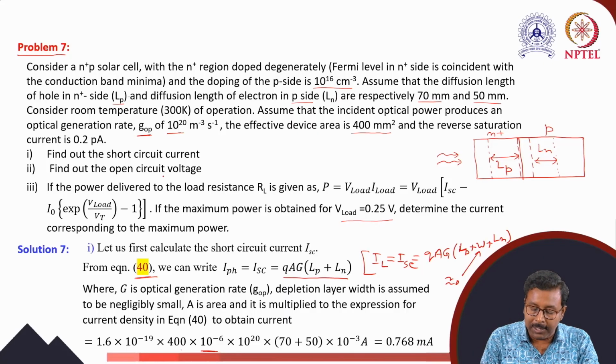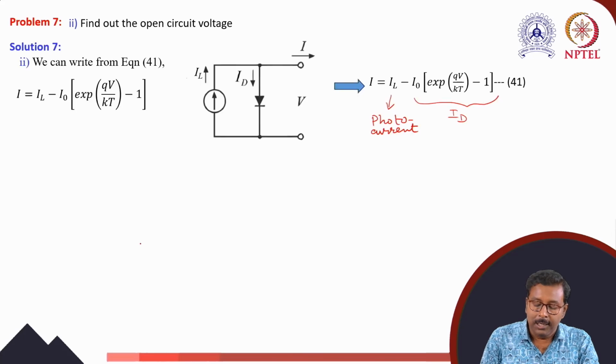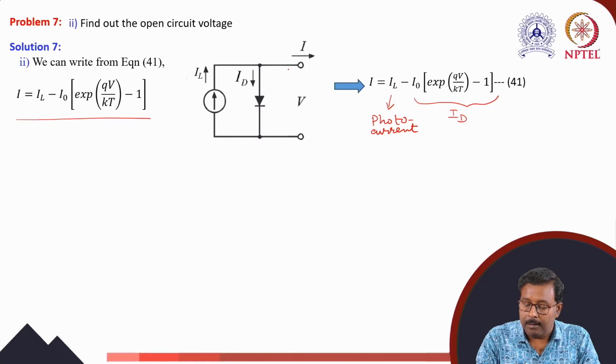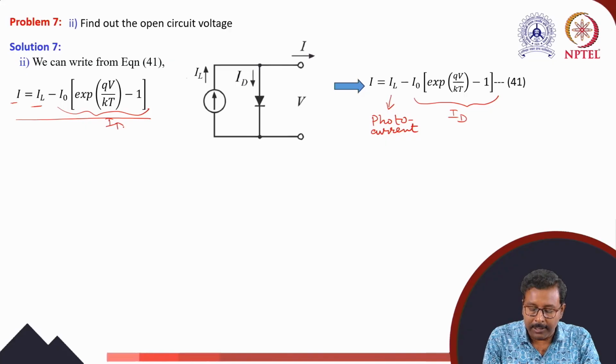For the second part, the open circuit voltage. You know, this is the circuit for the solar cell without any series and shunt resistances, with IL and ID. So the net current I is the light current, the photocurrent, minus the diode current ID, which consists of the reverse saturation current given in the problem.